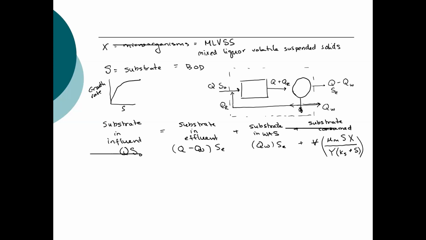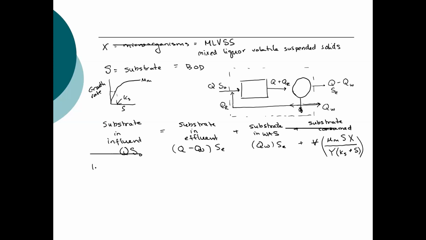Basically, there's a maximum amount, and this level is referred to as mu sub m. It's that maximum growth rate. You can provide more food, but it's not going to do much more for you. And at half the growth rate, this value here is referred to as the half saturation.